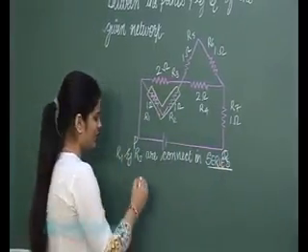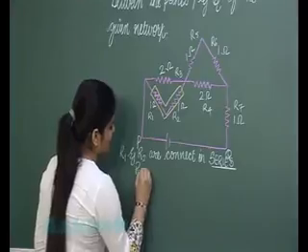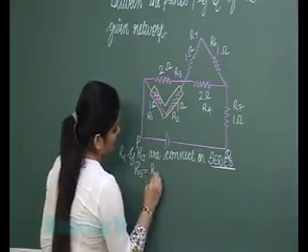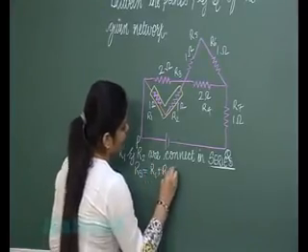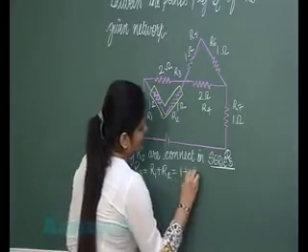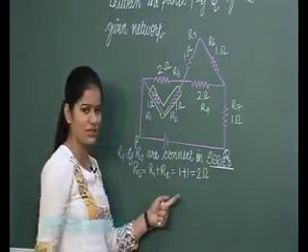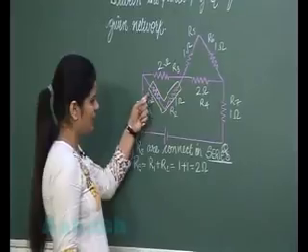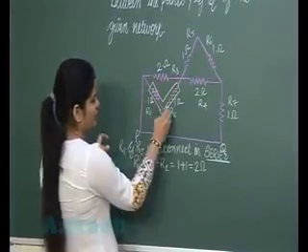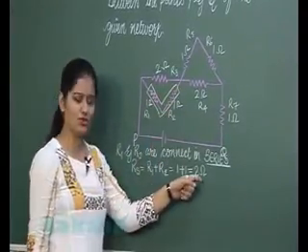So student, we get the equivalent resistance RS by adding R1 and R2, and we will get it as 1 plus 1, which is 2 ohm. So the equivalent resistance of these two resistors comes out to be 2 ohm.